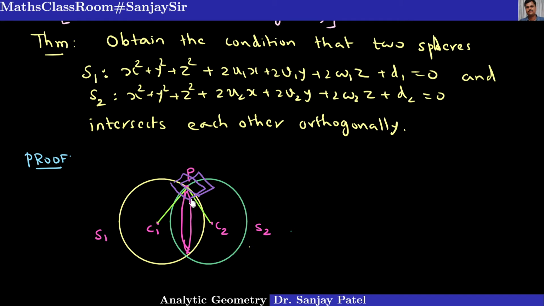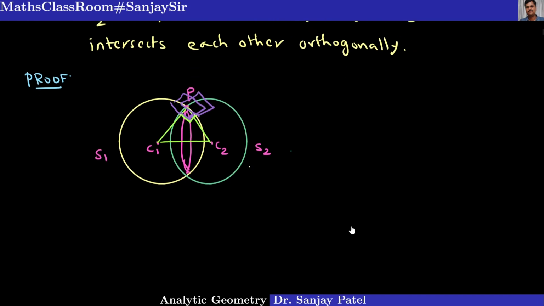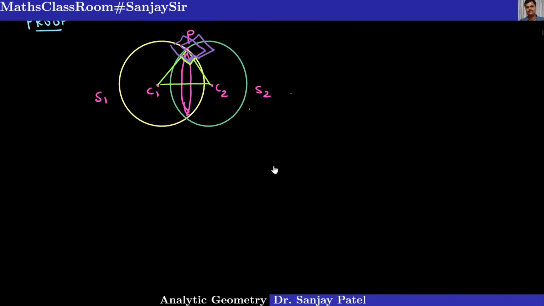If these two tangent planes are perpendicular, that means the normal vectors of these two planes are perpendicular, then this angle is 90 degrees, that is pi by 2, and therefore this triangle C1C2P becomes a right angle triangle. This is possible when the two spheres are intersecting each other orthogonally.